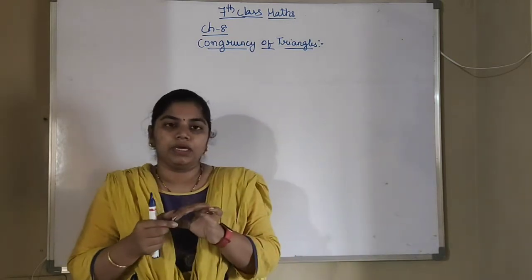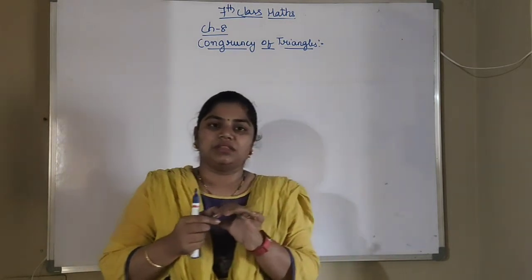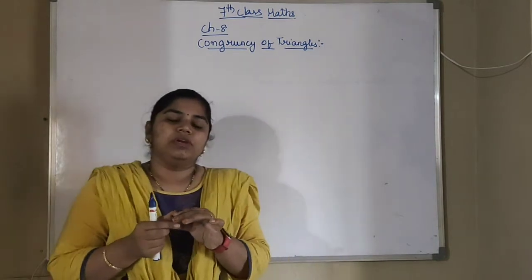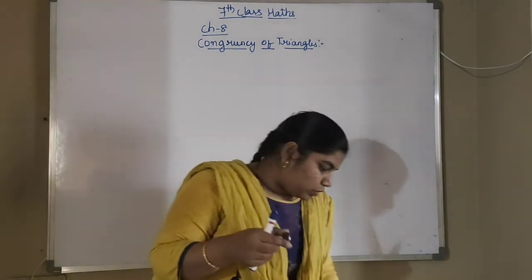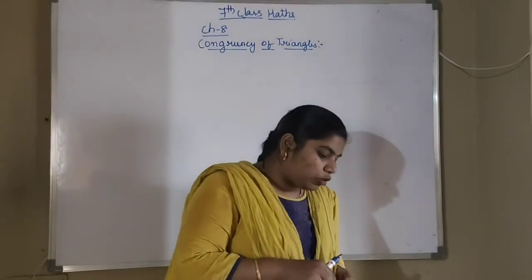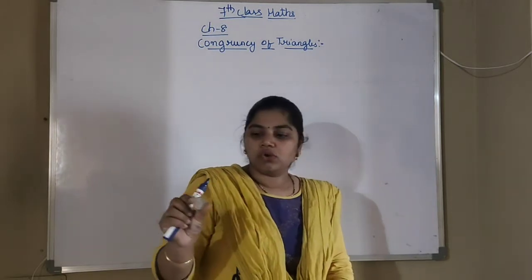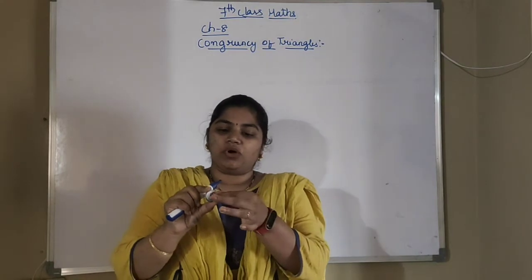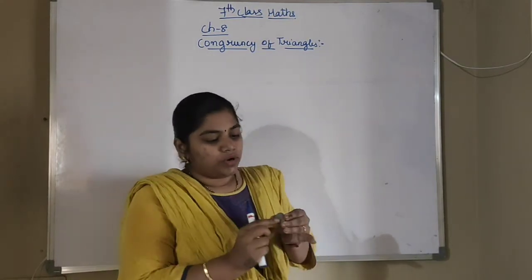So what do you mean by congruent? Congruent is nothing but having the same shape and same size. Suppose one more example: I am taking one 2 rupees coin and another 1 rupee coin. If I keep them on each other, it is not fitting.